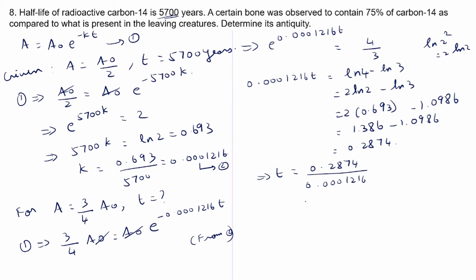Now this when we simplify, we get 2874 upon 1.216. So we get 2363.5 years. So the age of this bone, which was observed to contain 75% of carbon-14 when compared to living creatures, is 2363.5 years.